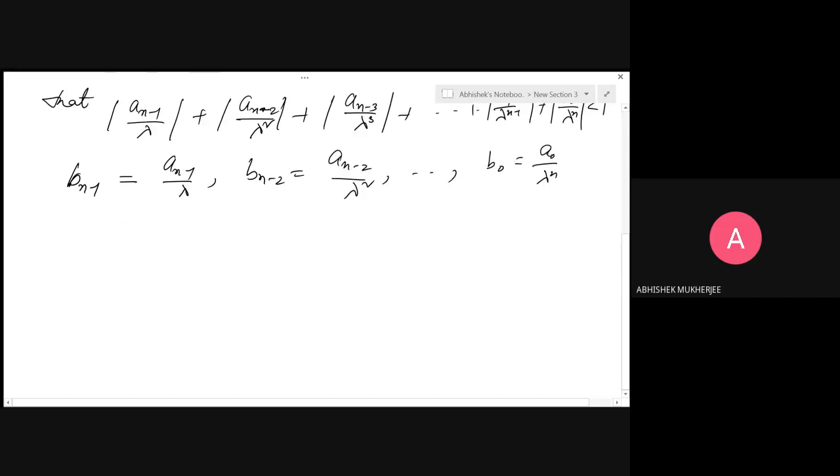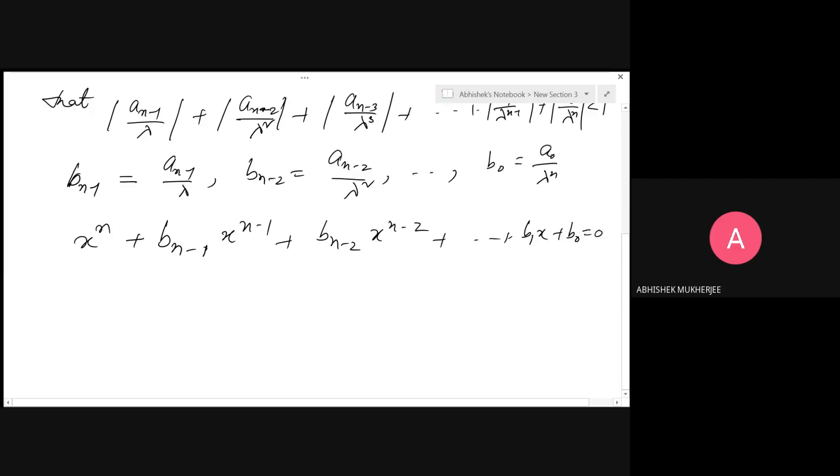And by these coefficients, you can transform the equation to this form: x^n + b_{n-1} x^{n-1} + b_{n-2} x^{n-2} + ... + b_1 x + b_0 = 0.